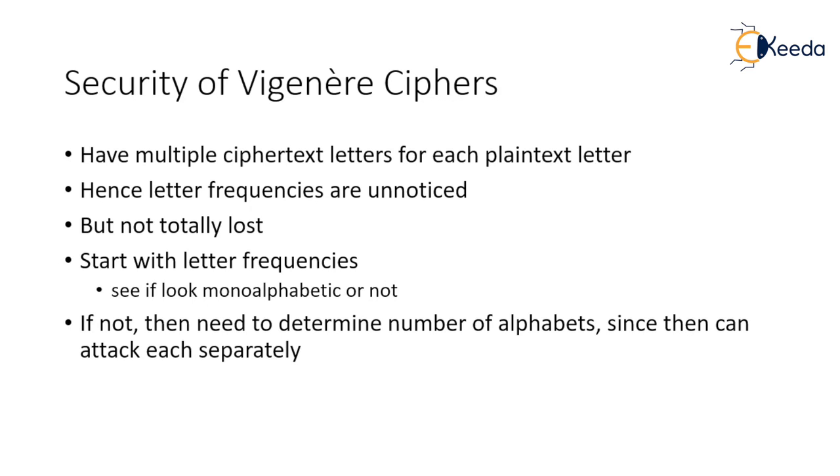If some attacker wants to attack, then the attacker has to work upon the blocks, as we have divided this into 5-letter blocks. If an attacker works upon the blocks and wants to breach the security of the Vigenere, it can be done, but it becomes very, very difficult for the attacker to breach the security of such polyalphabetic ciphers.